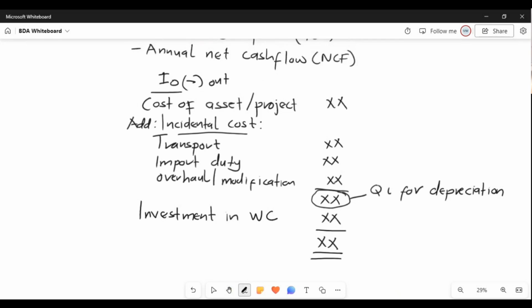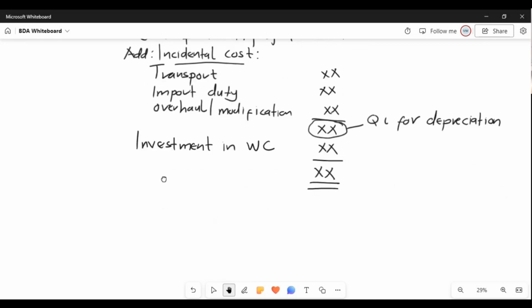And this is very important. If you know that the initial cost is a cash outflow, in the worst case scenario, you expect cash flow items to increase. And in the best case scenario, you expect the cash flow items to decrease. That is the initial cost.